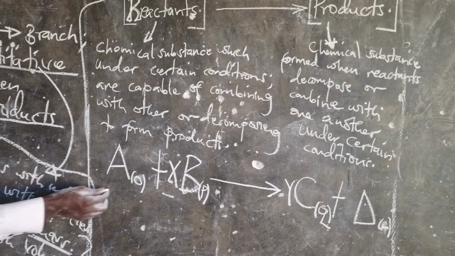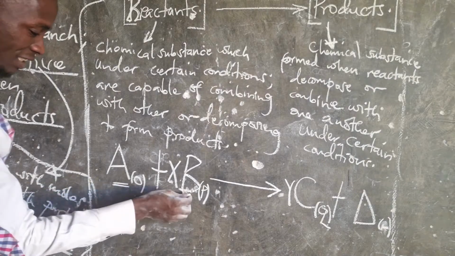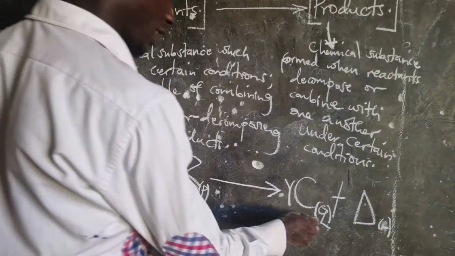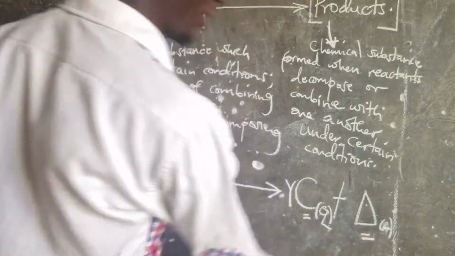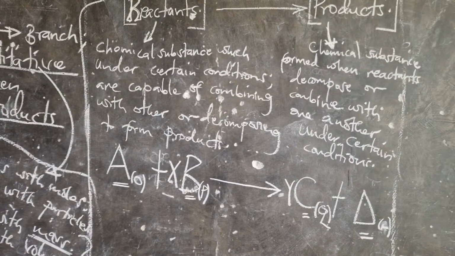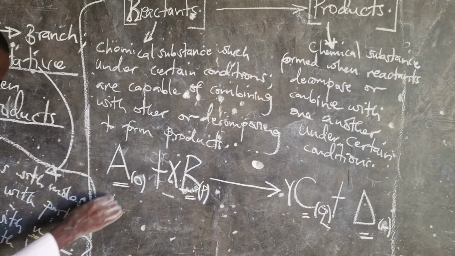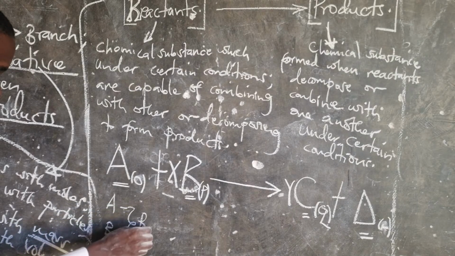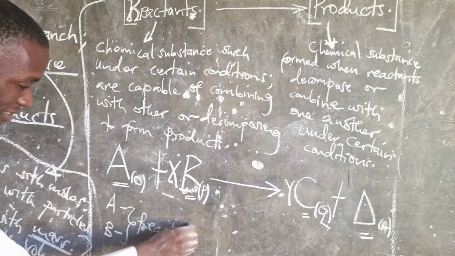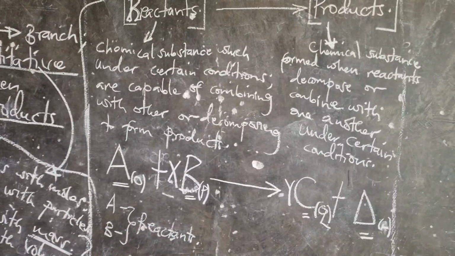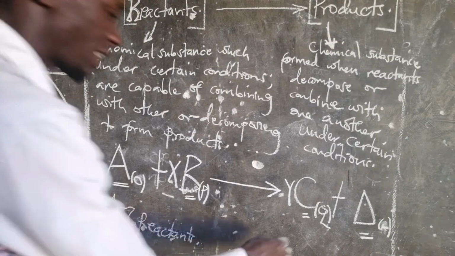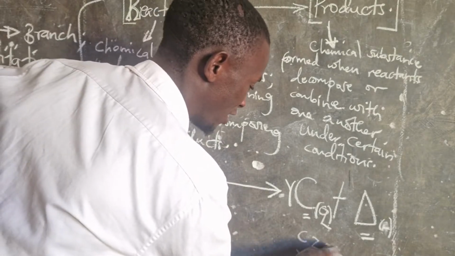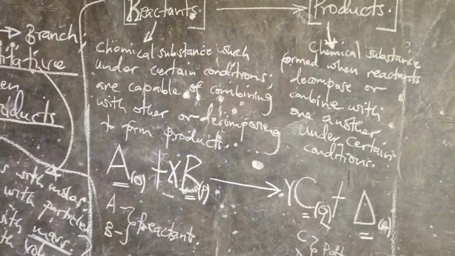In this equation, we have two chemical substances, A and B, on the left-hand side, and two chemical substances, C and D, on the right-hand side. The chemical substances A and B on the left-hand side are the reactants. The chemical substances C and D on the right-hand side will become the products.